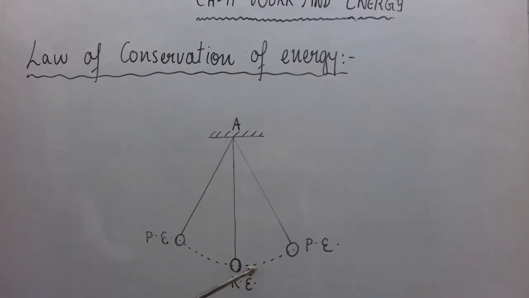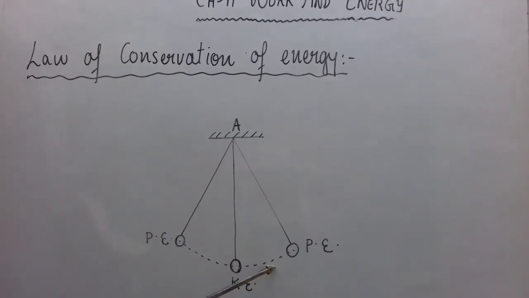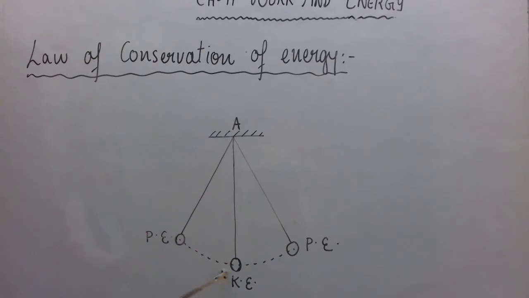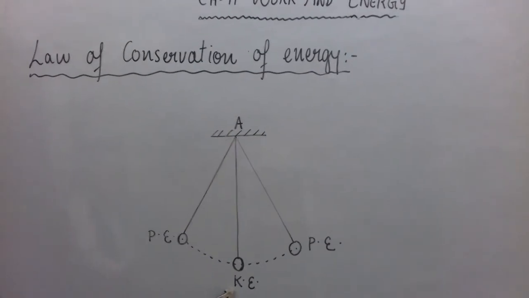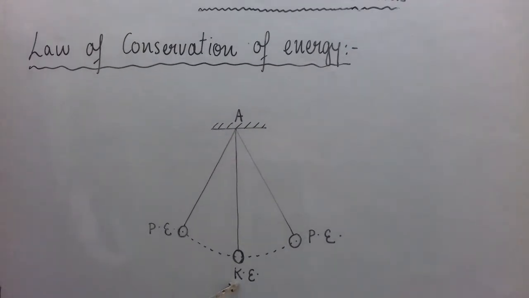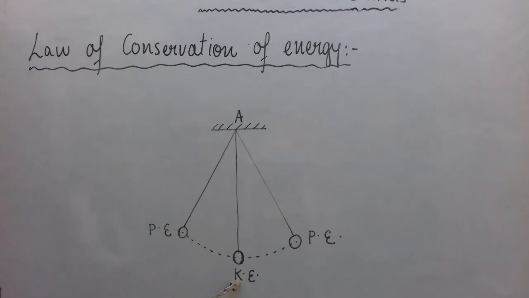Again kinetic energy reduces, potential energy increases. At the extreme positions, potential energy is maximum, kinetic energy is 0. At the mean position, kinetic energy is maximum and potential energy is 0. Which potential energy? That which is stored in it with the help of work that we have done.